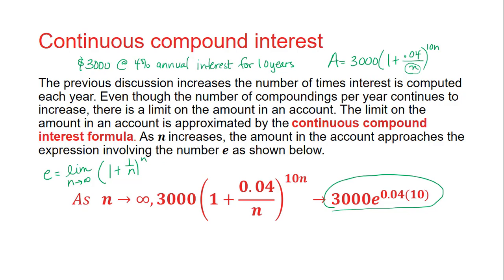And so that's where we see this e, because of this fraction, 1 plus 1 over n to the n. And I explained this more in the book too. We're not going to really get into that at this moment, but what you really need to know is that there's a limit, and it approaches this number that involves e.